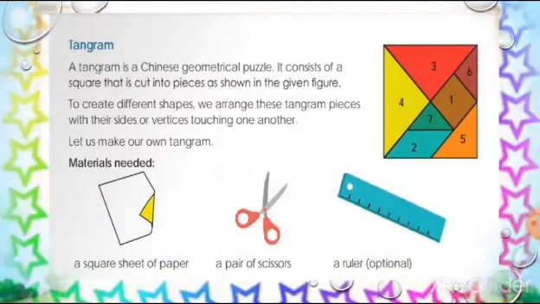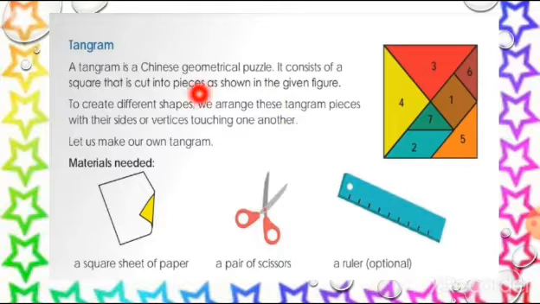I will tell you, children. Tangram is a Chinese geometrical puzzle. It consists of a square that is cut into pieces as shown in this figure. A square is cut into these types of pieces like this.